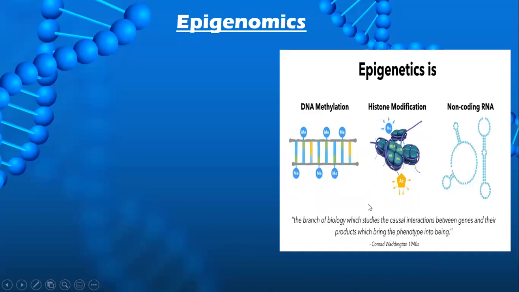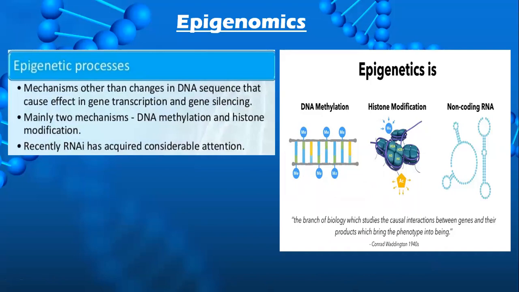Coming to this term called epigenomics. So what are epigenetic processes? They are mechanisms other than changes in the DNA sequence that cause an effect in gene transcription or gene silencing. This process is known as an epigenetic process. There are mainly two mechanisms involved in epigenetics: DNA methylation and histone modification.